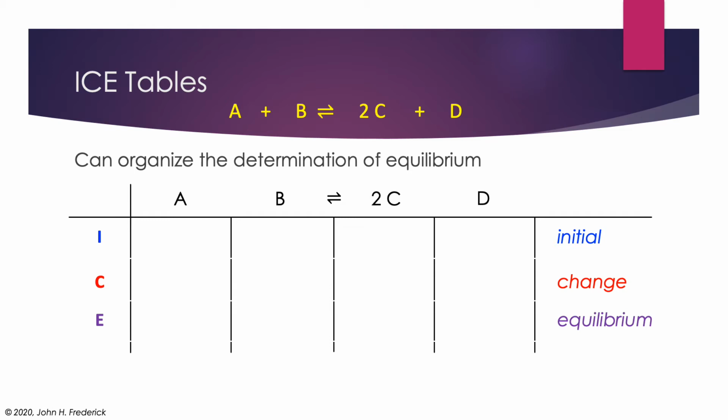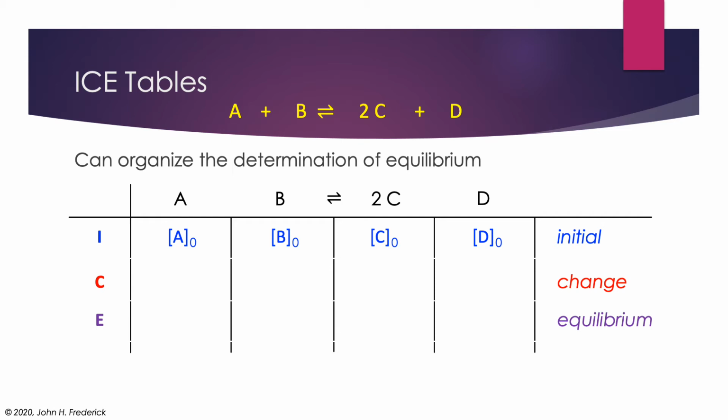Now if I fill in this table, I know what the initial conditions are going to be. They're just going to be the initial concentrations of A, B, C, and D. Usually I will be given that in a problem. Now what about the change? Just as I did in the previous slide, I'm going to use x as my increment for change. I'm going to use a minus sign to indicate the things that are disappearing and a plus sign for the things that are appearing.